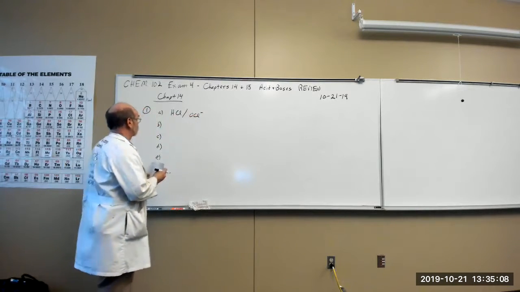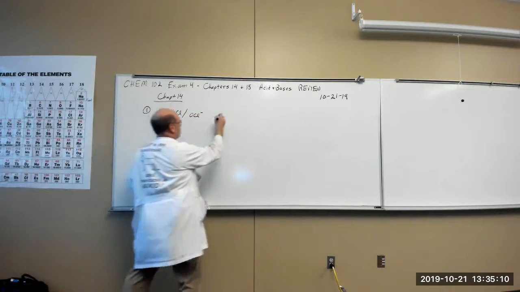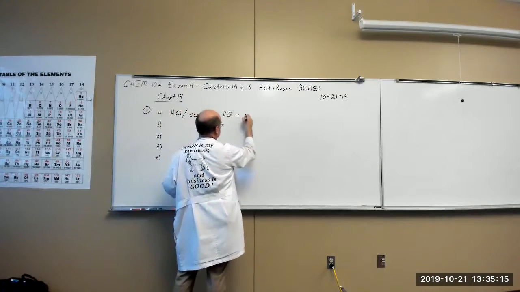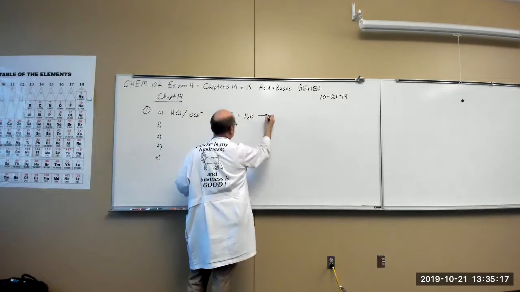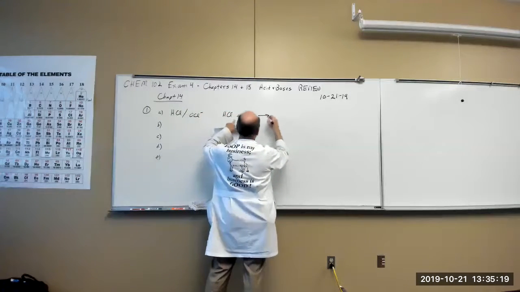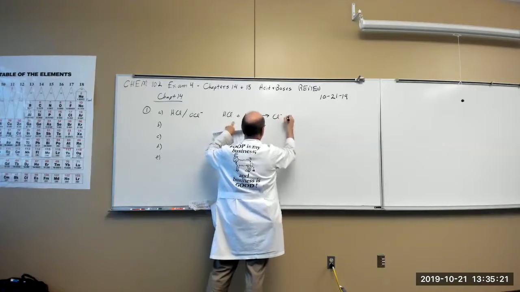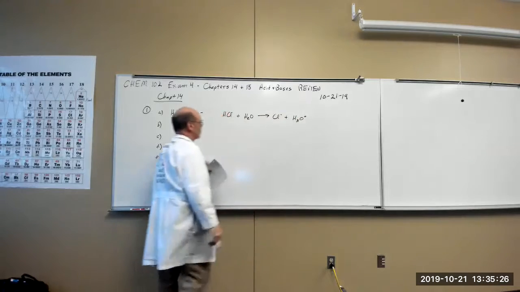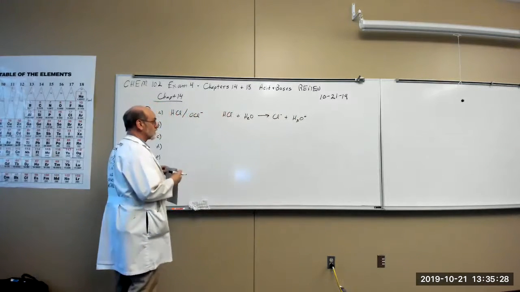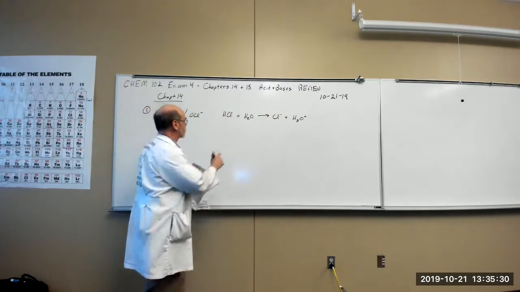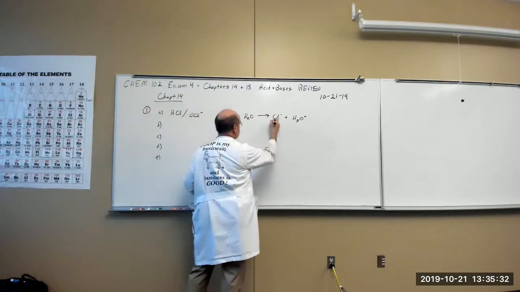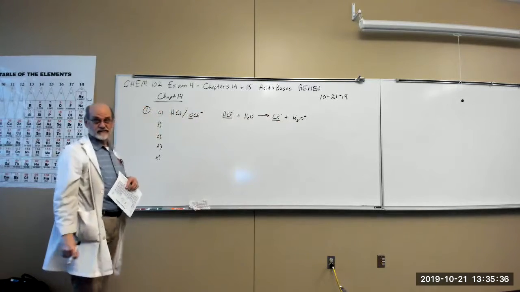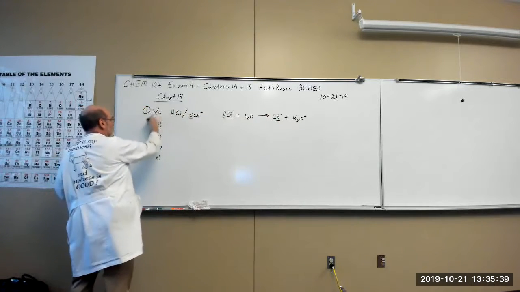Well, what is the conjugate base of this one? If you put it in water, you get this one plus this one, right? So what's the acid conjugate base pair in that reaction? It's HCl and Cl minus, not OCl minus, right? So that can't be it.